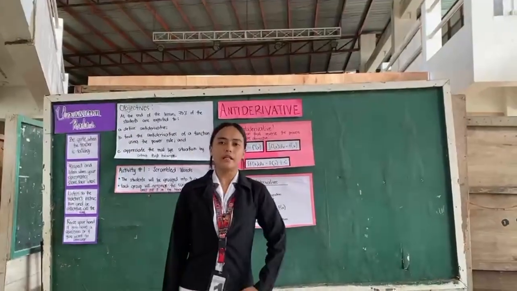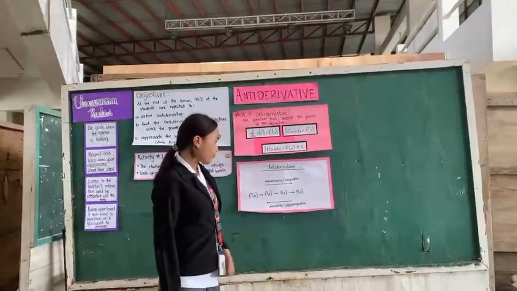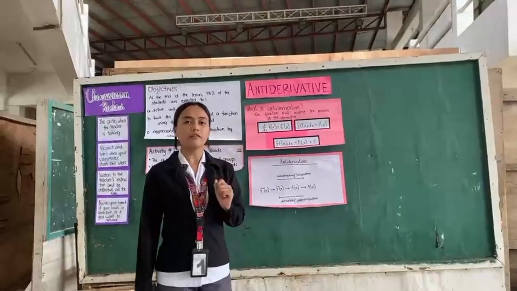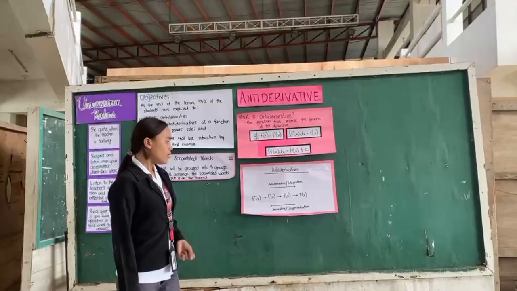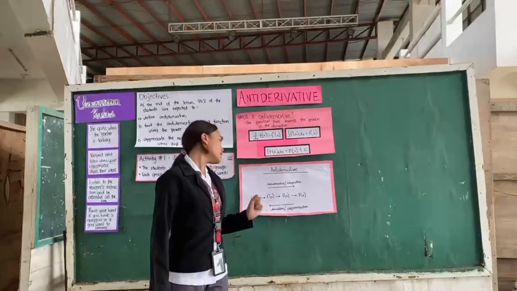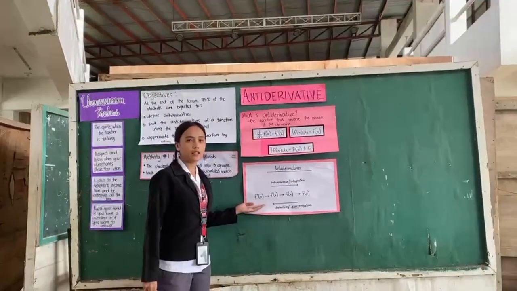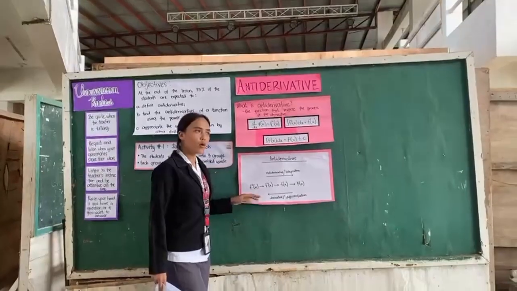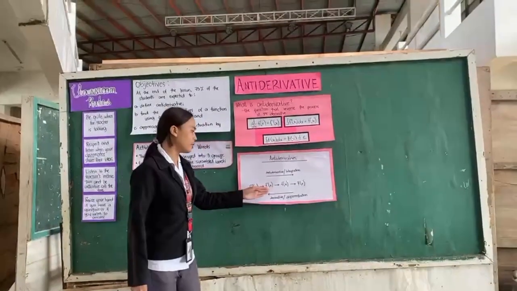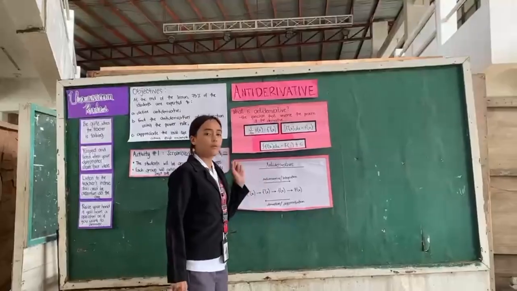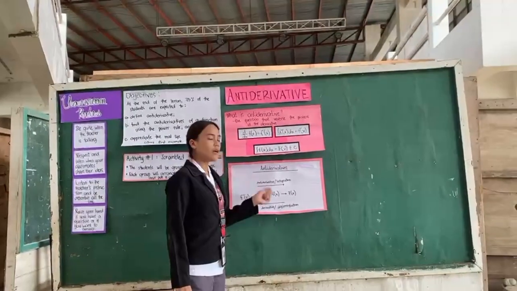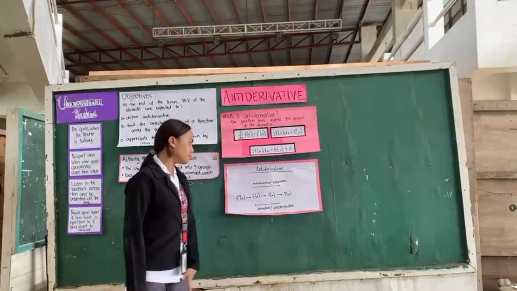Hopefully that gives you a good idea of what the antiderivative is. Now, let's say we have the second derivative and we want to find the first derivative, and we can keep going in this direction.